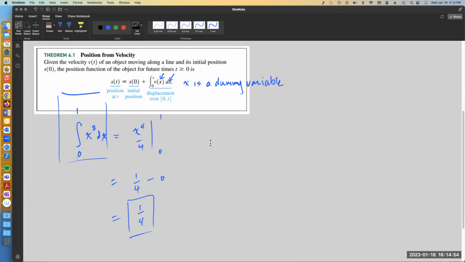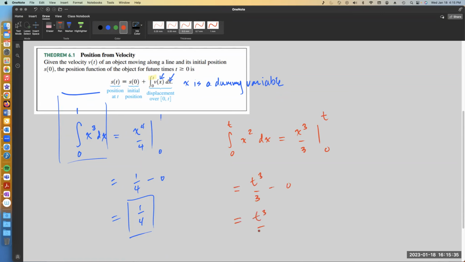And so up here, notice that there is a t in the upper limit of integration there. That means that we're going to end up with a function that is not just a dummy variable placeholder. So for example, let's come back to pen. If we integrate 0 to t x squared dx, this is going to end up being a function of t. So we integrate using our power rule. We plug in our upper and lower limit. So we'll get t cubed over 3 minus 0.